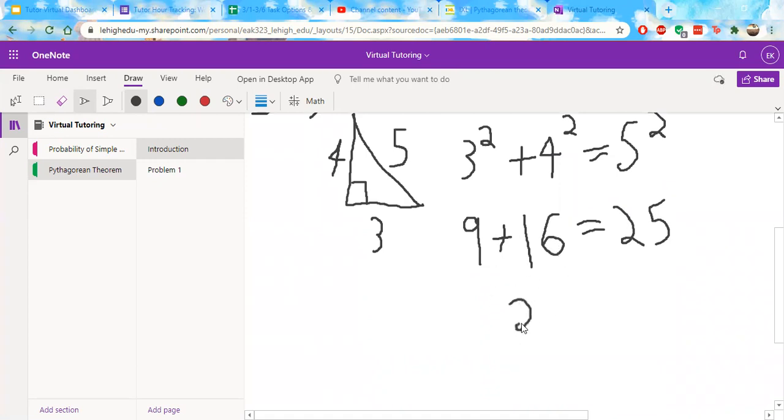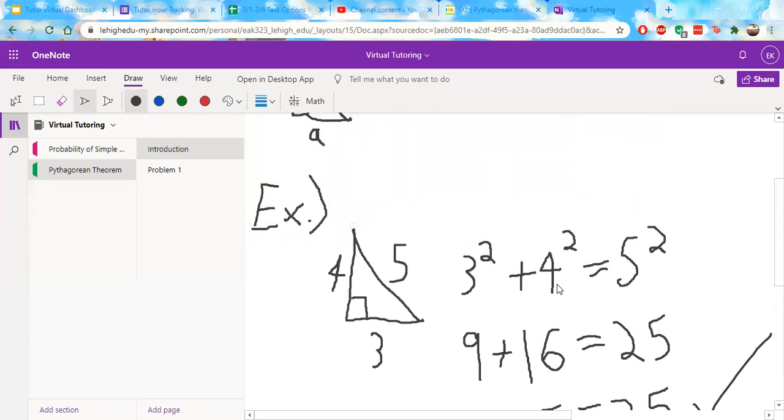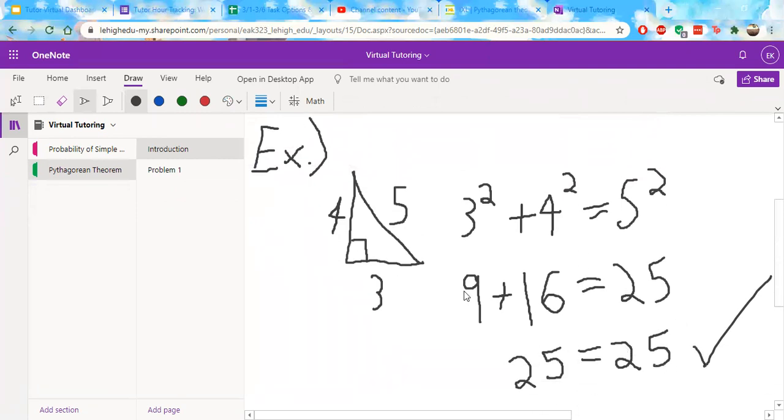So 25 equals 25. We know that this is true because obviously 25 equals 25. So this proves the Pythagorean theorem holds up when you have side lengths that add up.